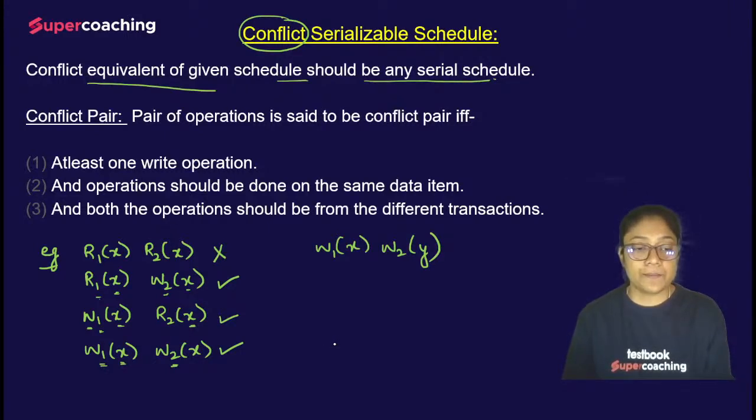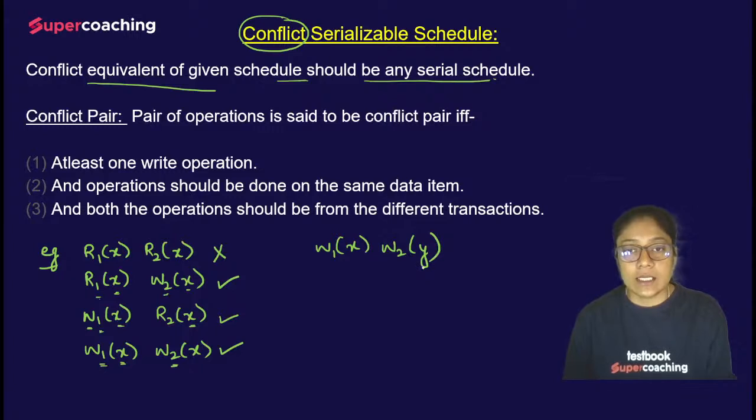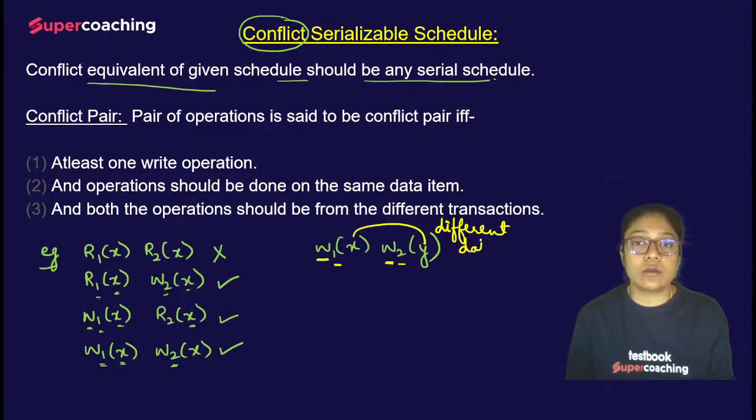Hurry up, guys. This is not a conflict pair. Although here both the operations are write operations performed by different transactions, they are on different data items. Different data items, so that's why it's not a conflict pair.